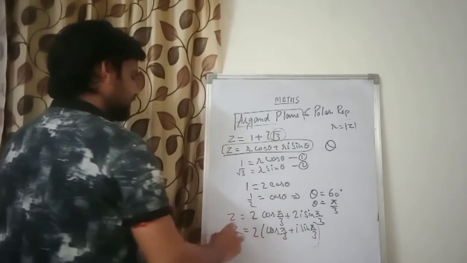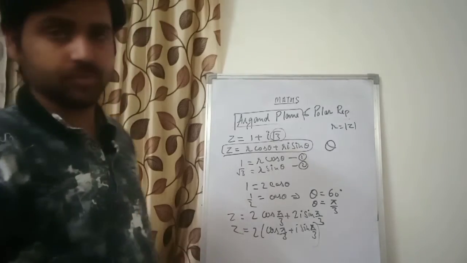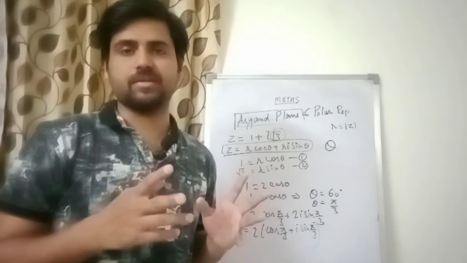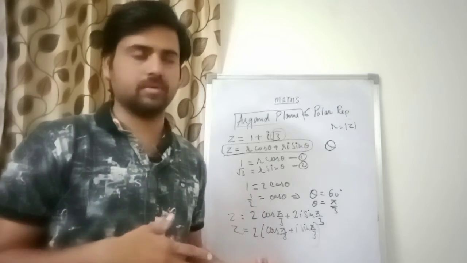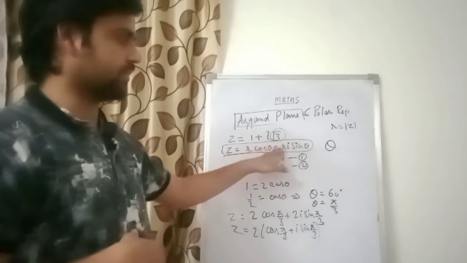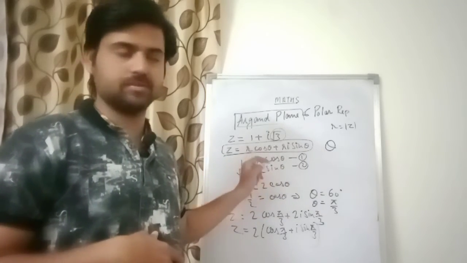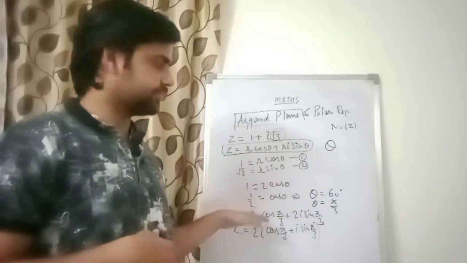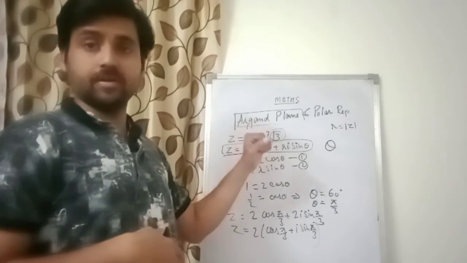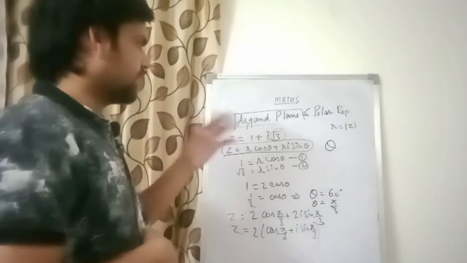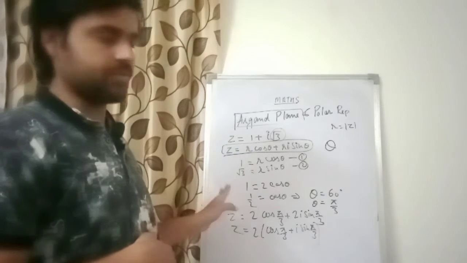So our basic aim here was to tell you what the complex plane is, and how to represent a complex number in polar form. Polar form is this one. This is the formula, or you can say this is the representation. First we find r. R cos theta will be the real part and r sin theta will be the imaginary part. Assign those values given in the question.